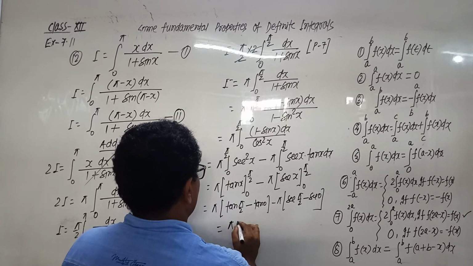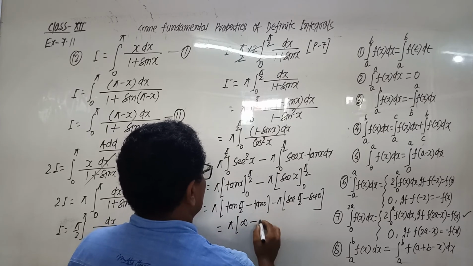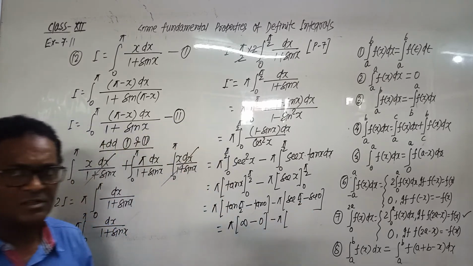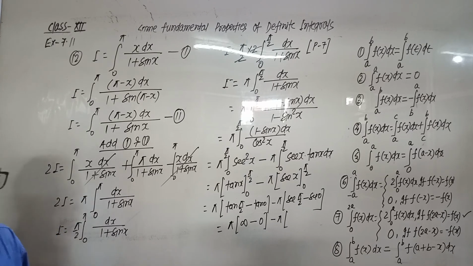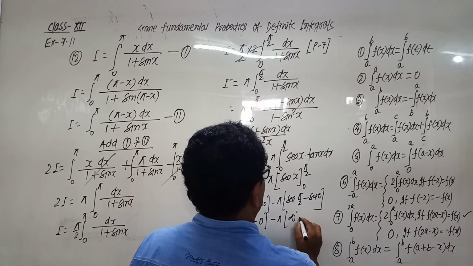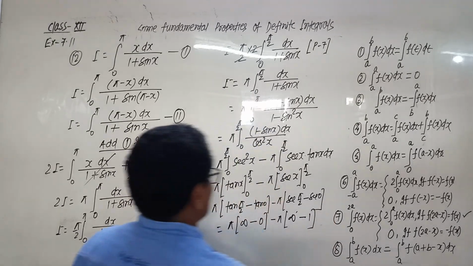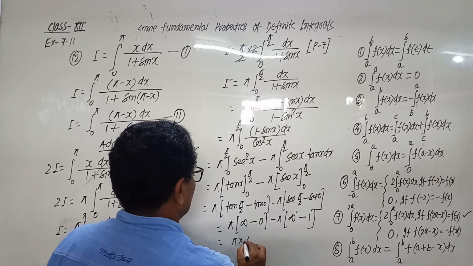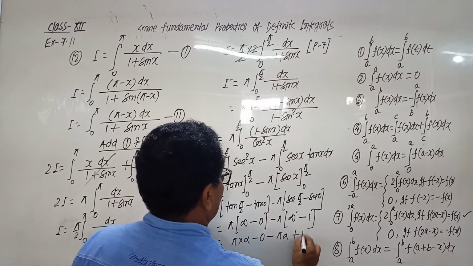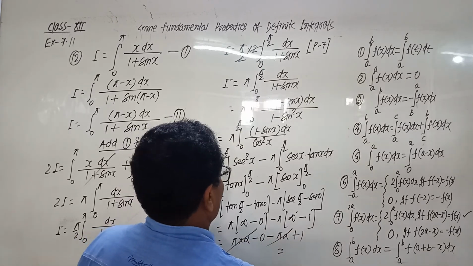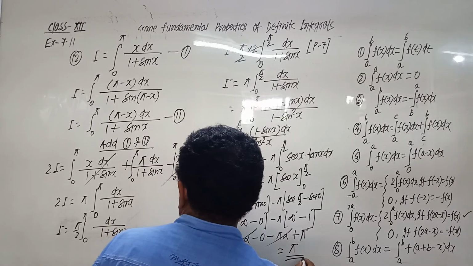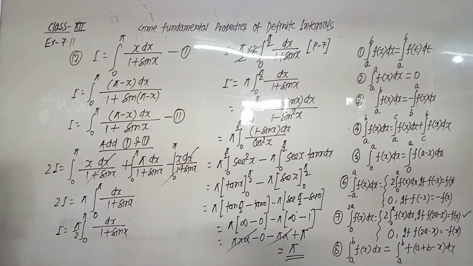The value of cos pi by 2, cos 90, is 0, so sec pi by 2 is infinity, and sec 0 is 1. So we get pi into infinity minus 0, and minus pi into infinity plus 1. This gets cancelled and this is pi into 1, and we get the result pi. The answer we get is pi.